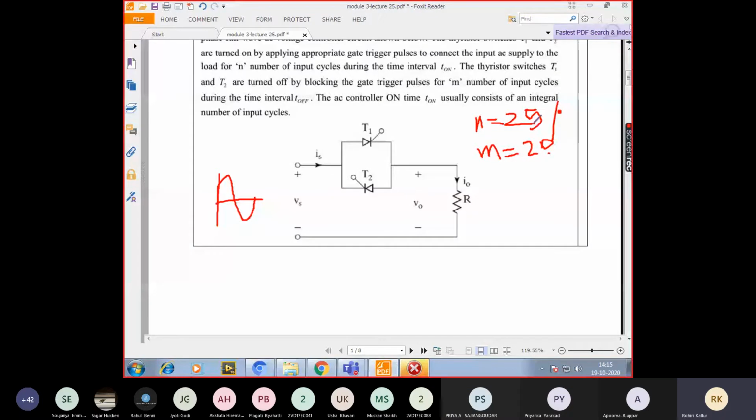If I consider this particular case, it is on for 25 cycles. That means for 25 complete cycles of negative as well as positive half cycles, we get the gate pulse, and for the next 20 cycles I will not have any gate pulse applied to the thyristors, because of which the device will be in the off state.